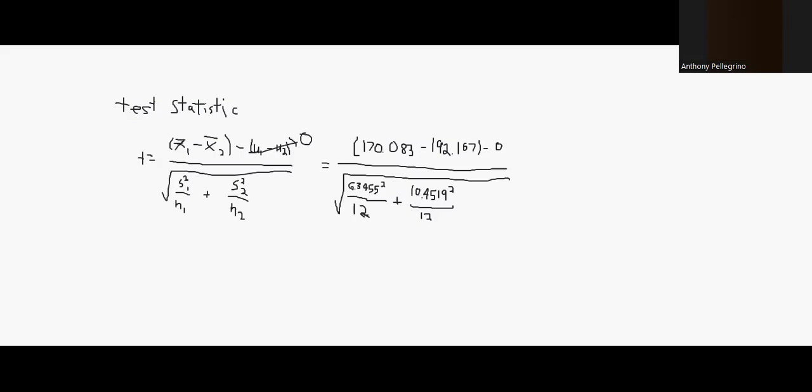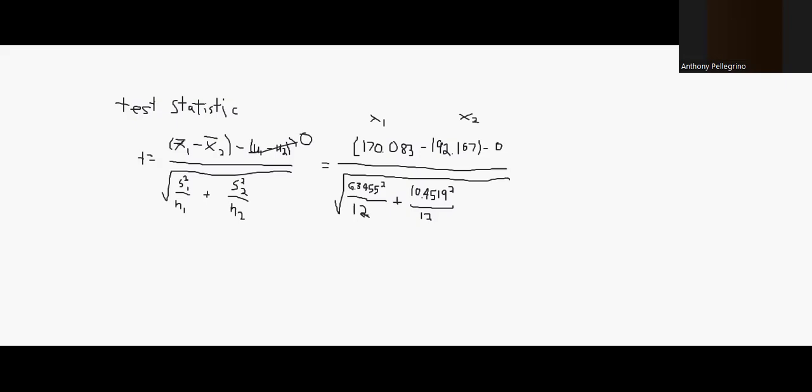So after you solve for the mean of x1 and x2, you would see that that would equal 170.083 minus 192.167.